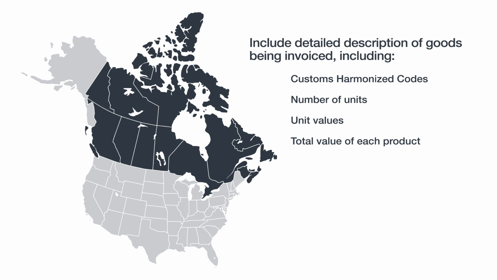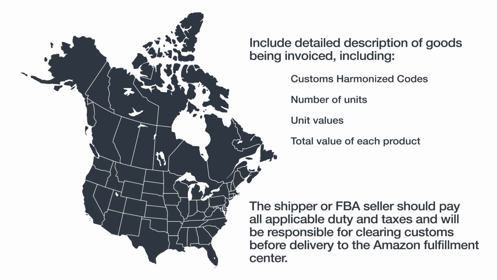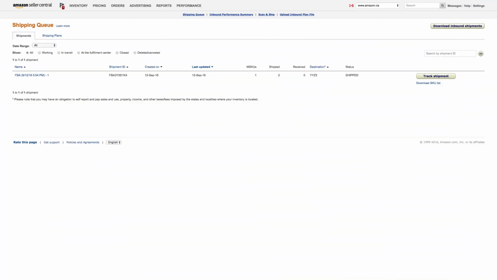customs purposes. For terms of sale, the shipper or FBA seller should pay all applicable duty and taxes and will be responsible for clearing customs before delivery to the Amazon fulfillment center. Sellers are not authorized to import goods in Amazon's name or show Amazon as the declarant or importer of record on the customs entry documentation.